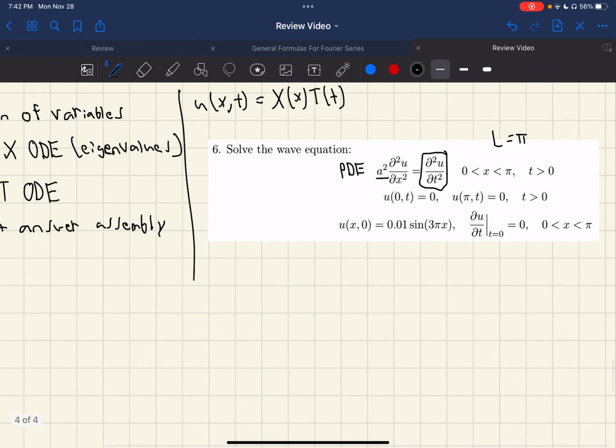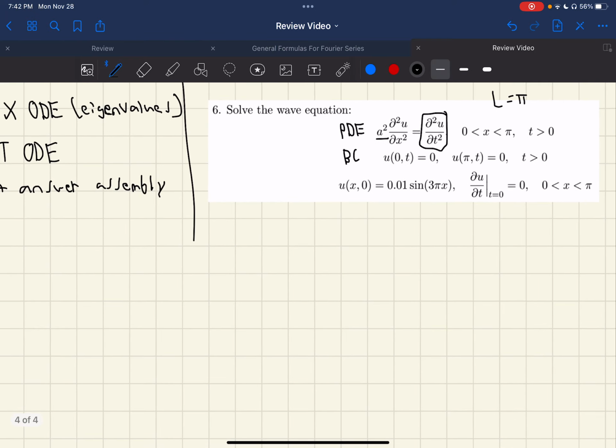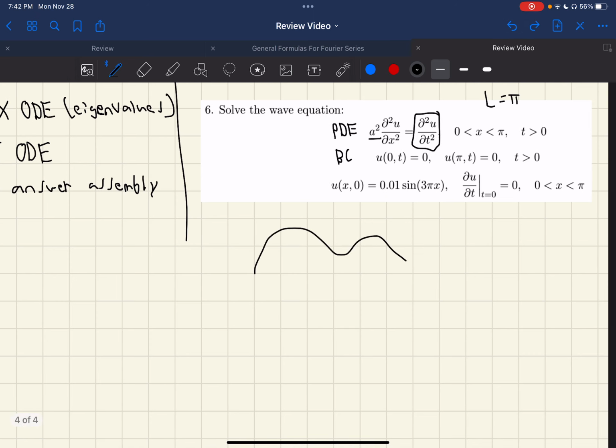And next we have our boundary conditions, which are noted by when x is 0 and L, with L being pi in this case. And what these mean, so in a wave equation, we have some string in some place, and we're looking at two ends of the string, the left and the right end. And so when x is 0, it refers to the left end, and basically where it is in our plane.